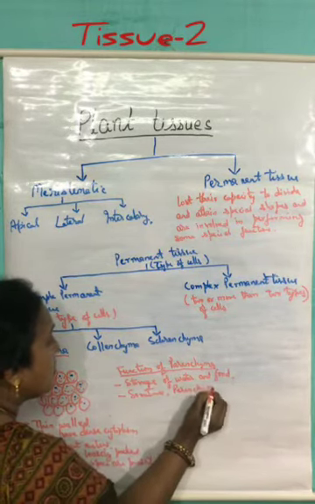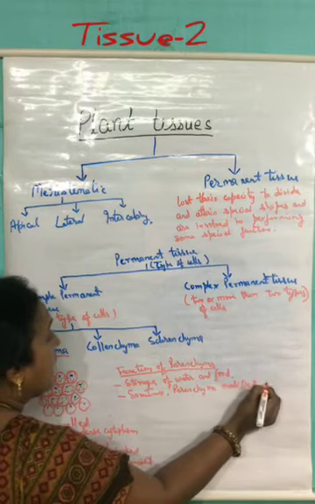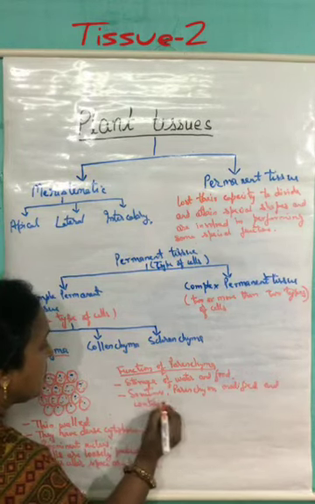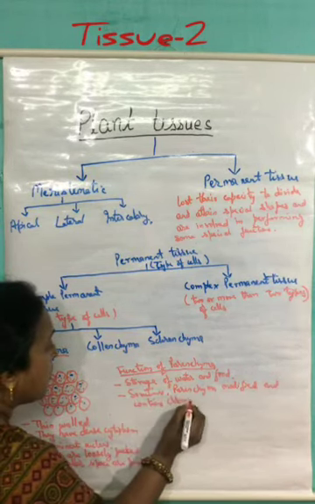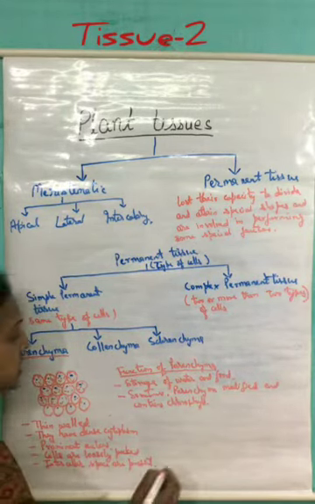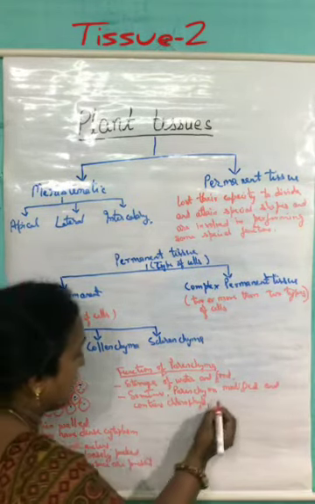Sometimes the parenchyma modifies and contains chlorophyll, because of which they are green in color, and starts performing the process of photosynthesis.